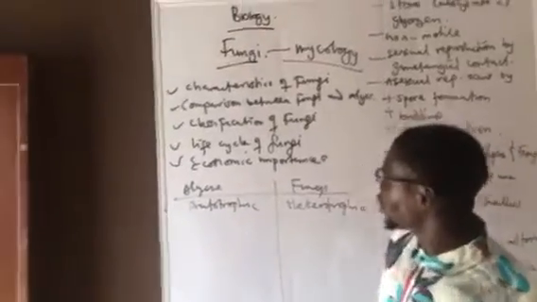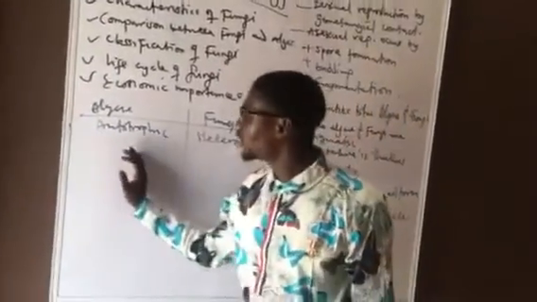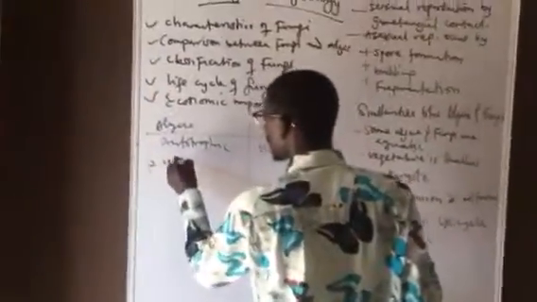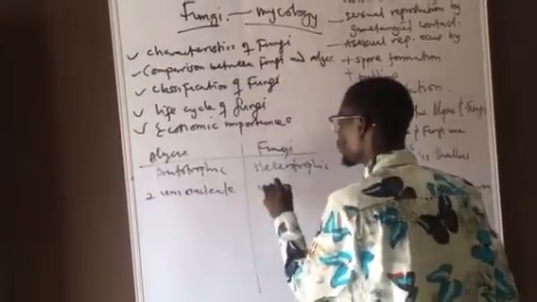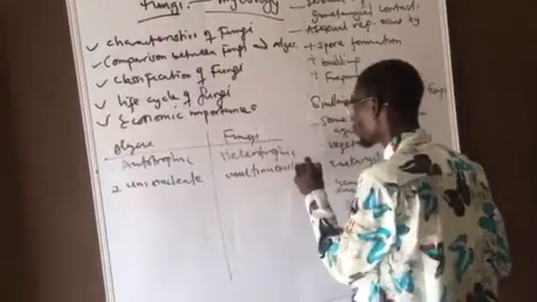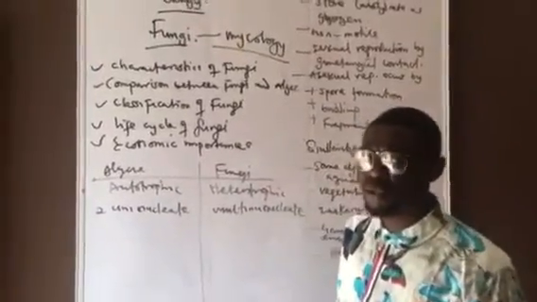Number two is that the body of algae is usually unicellular and uninucleate, while the fungi cell is usually multinucleate. It has more than one nucleus, while the algae cell possesses just a single nucleus.